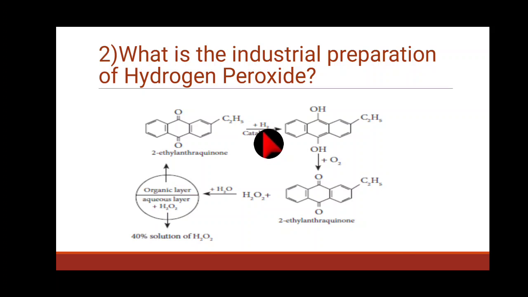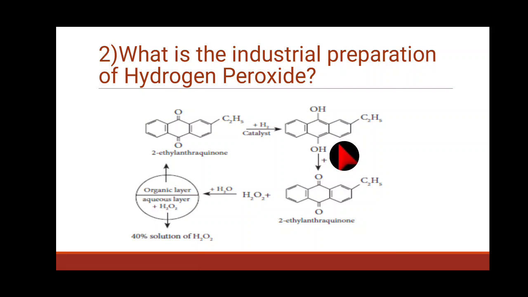First, hydrogenation occurs. The quinone, which is present in the middle of two benzene rings, turns to the quinol form after catalyzed hydrogenation.